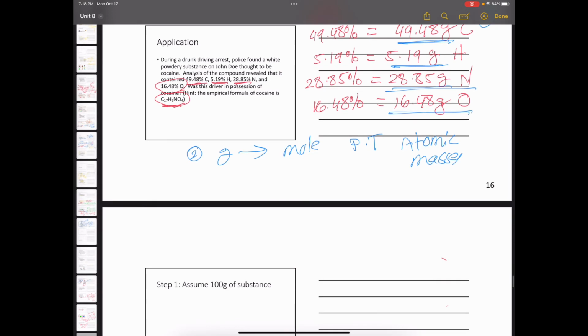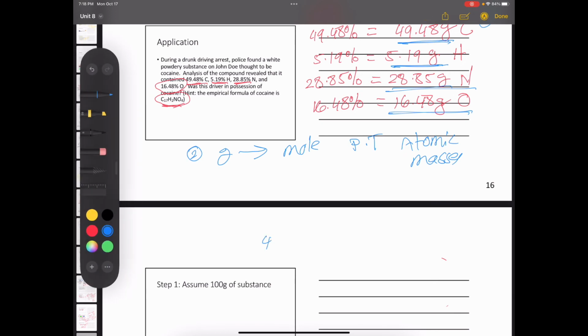So first, I'm doing the carbon. Let's do another color just for the fun of it. Okay, I'm going to do green. So 49.48 grams of carbon. I'm going to have moles in my numerator and grams of carbon in my denominator.